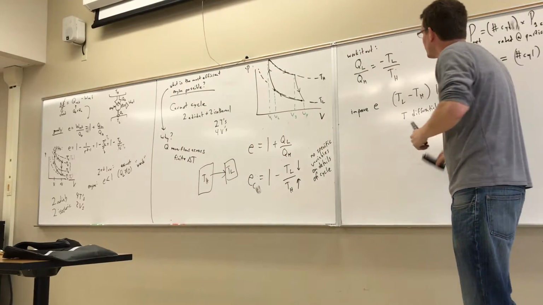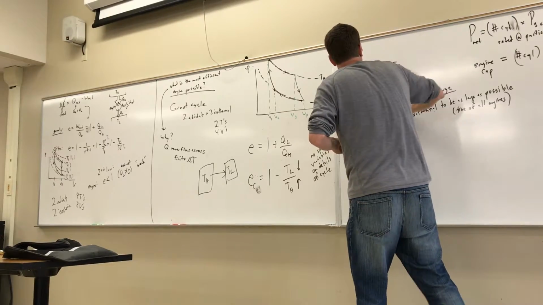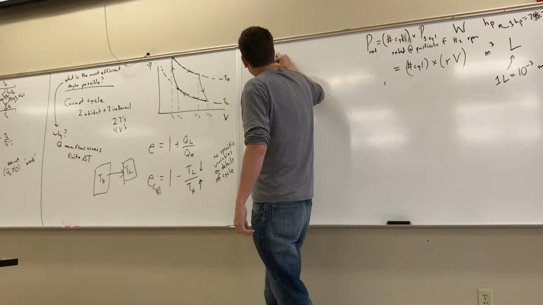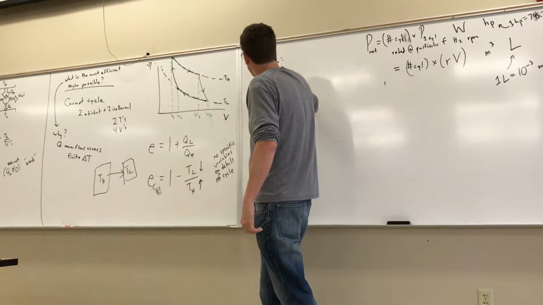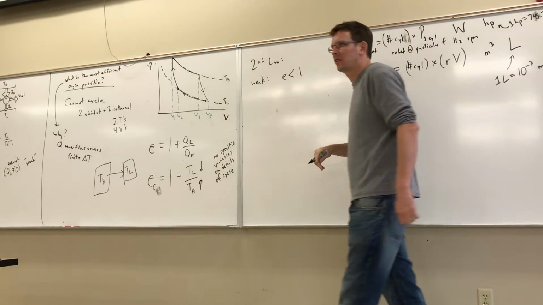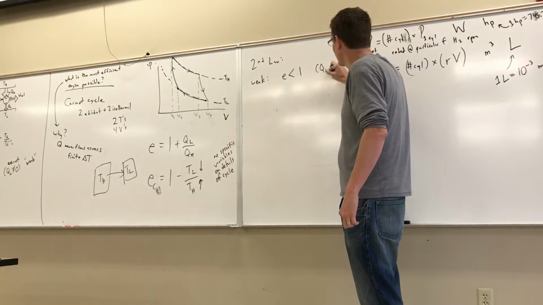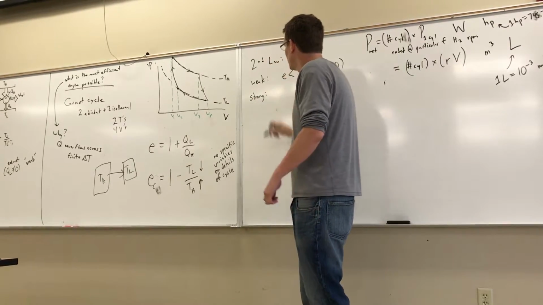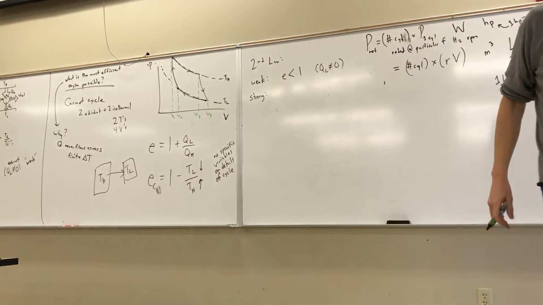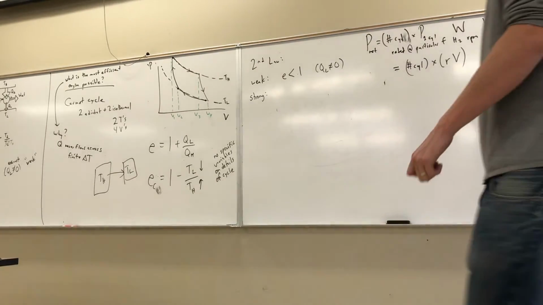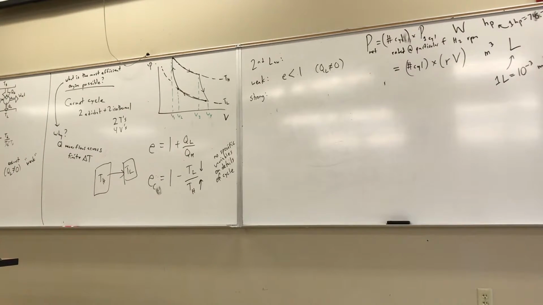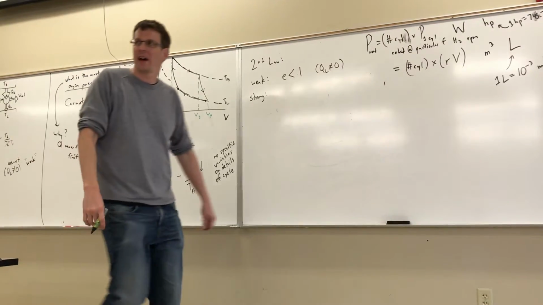First of all, let me talk about the second law. The weak form of the second law is that the efficiency has to be less than 1, which is to say you always have to have exhaust. But the strong form is that not only does the efficiency have to be smaller than 1, it cannot perform better than a Carnot cycle does across the same temperature difference. Because if the Carnot is the best you can do, that places an upper limit on that.